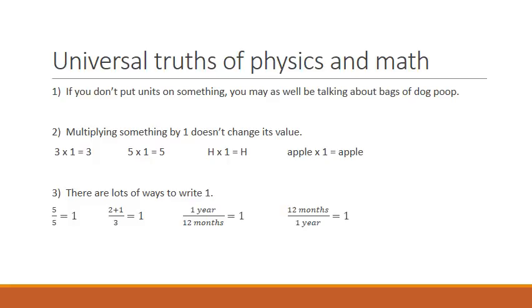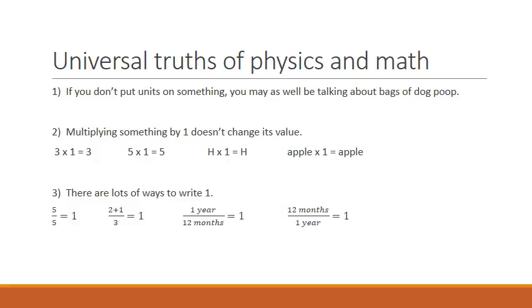Okay, so 2 plus 1 is equal to 3. So I could say 2 plus 1 over 3 is equal to 1, which means I could replace any of the 1s in step 2 with 2 plus 1 over 3, and it's not going to change the value of those equations. You can even do this with numbers with units. So for example, if you know that 1 year is equal to 12 months, that means that 1 year over 12 months is equal to 1.